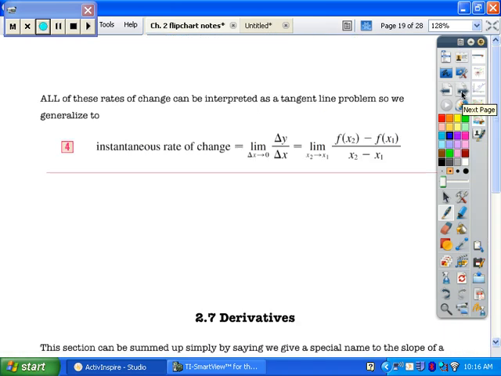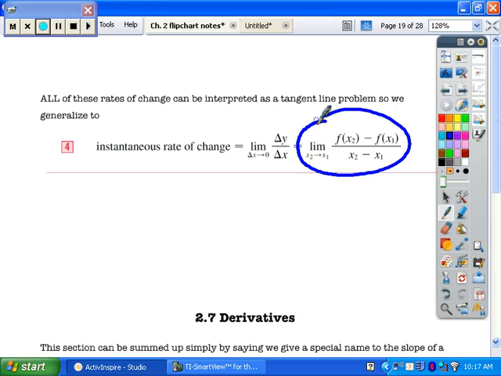All of these rates of change can be interpreted as a tangent line problem, so we can generalize it to this definition. Now this definition right here, again, is a different way to write the same thing that we've seen before for the tangent line. In this case, we have 2 points, x1 and x2, and the change in y over the change in x as the two x's get closer together.